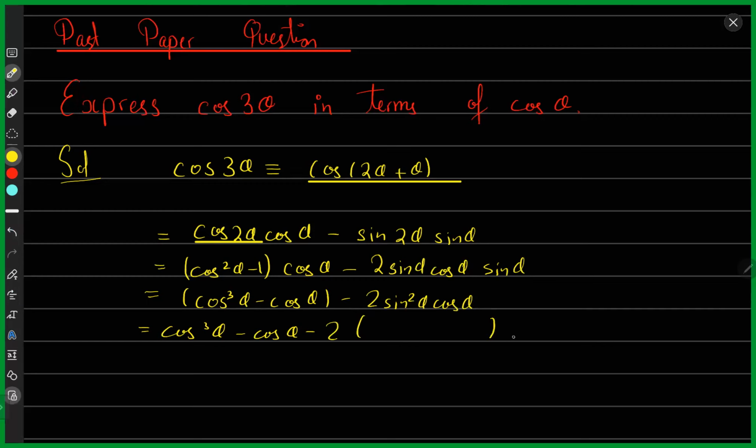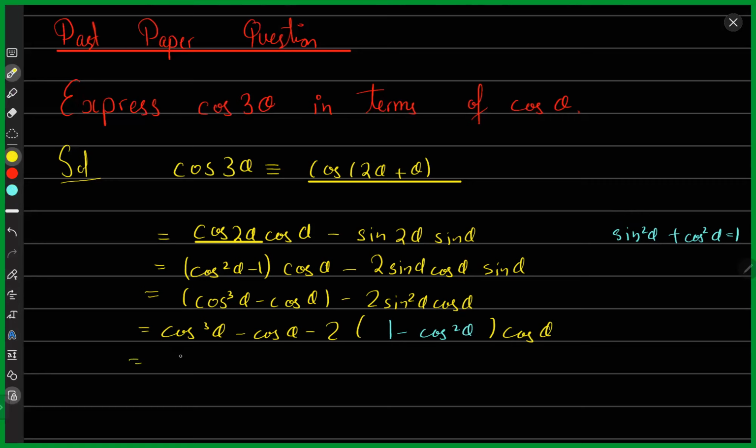Instead of sine squared theta I need to use the idea that sine squared theta plus cos squared theta is equal to 1. So sine squared theta would be 1 minus cos squared theta. And now everything is in terms of cos theta. I'm just supposed to simplify it.